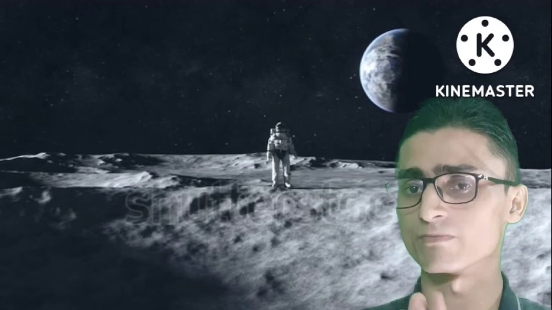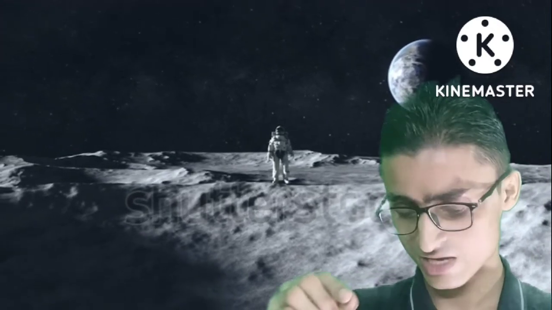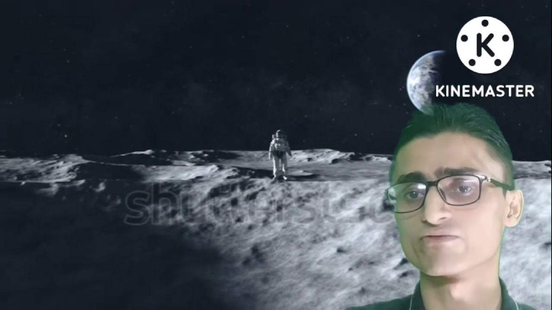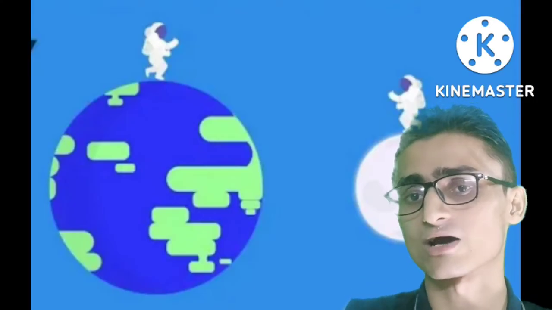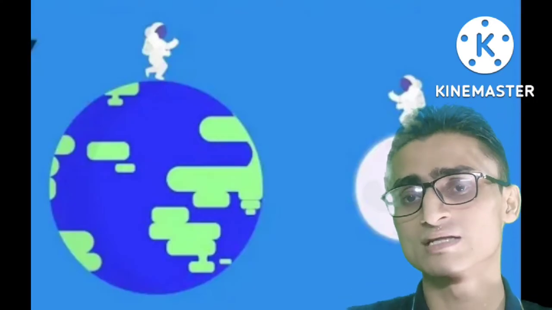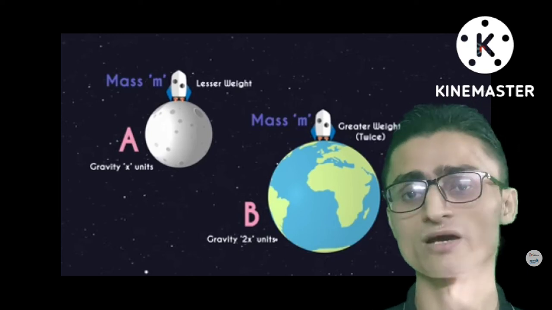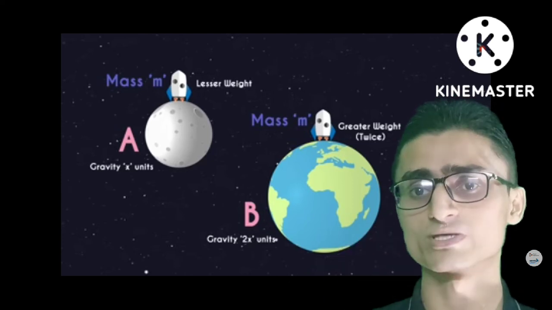In case of mass, it is a measure of the material. If I have 40 kg mass, that is how much material I consist of. So whether I am on the Earth or on any other planet, that material will always be there. But in case of weight, it is a force.